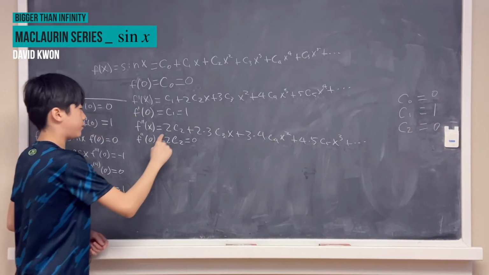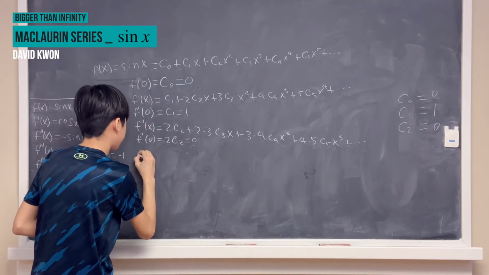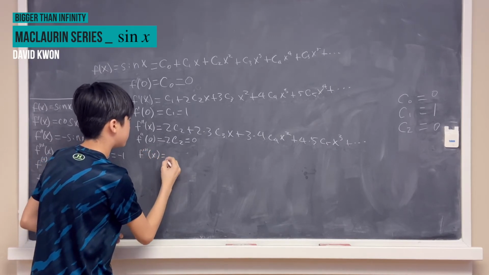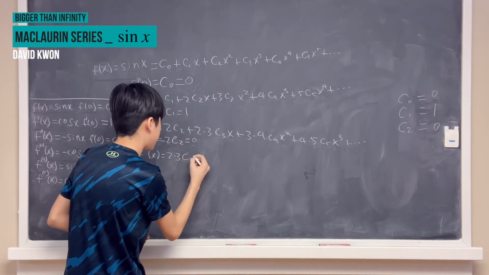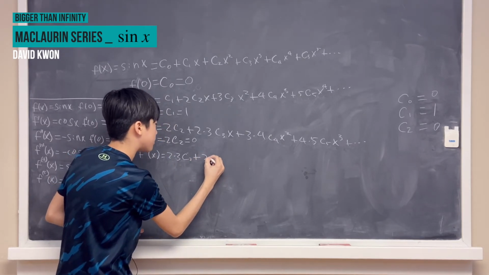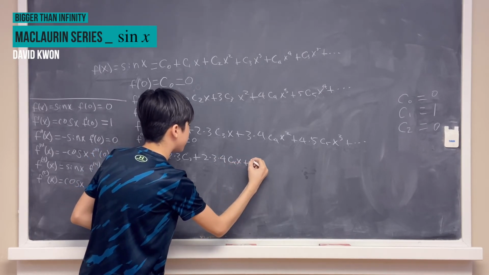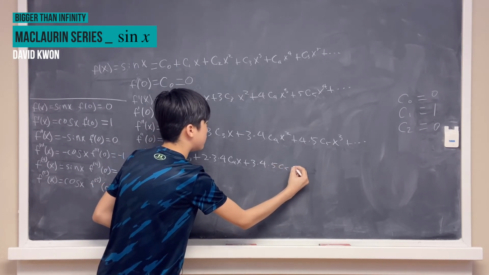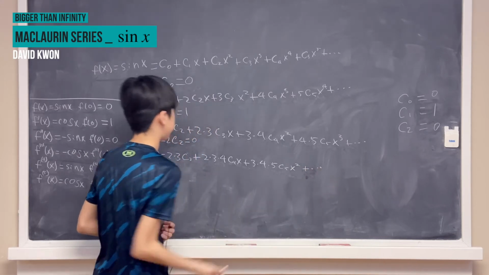So now we will differentiate this function. So we get f triple prime x is equal to 2 times 3 times c sub 3 plus 2 times 3 times 4 times c sub 4 times x plus 3 times 4 times 5 times c sub 5 times x to the power of 2 plus dot dot dot.